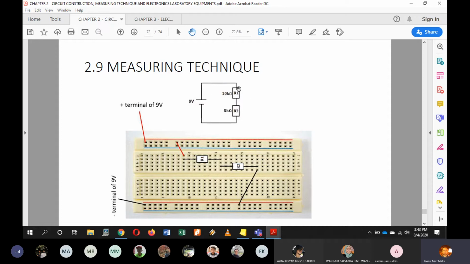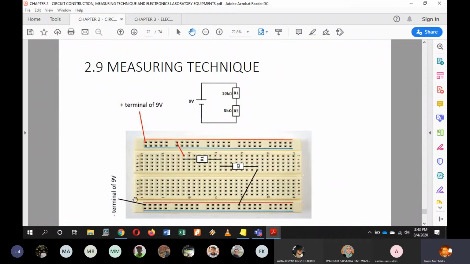Okay, so the positive pin of the resistors will go to the 9 volt. So you jump a cable to this line, and this whole line will be connected to your 9 volt terminal. And then another one, the last pin of R2, will be connected to this line here, this row, which will be connected to the negative terminal of your battery.